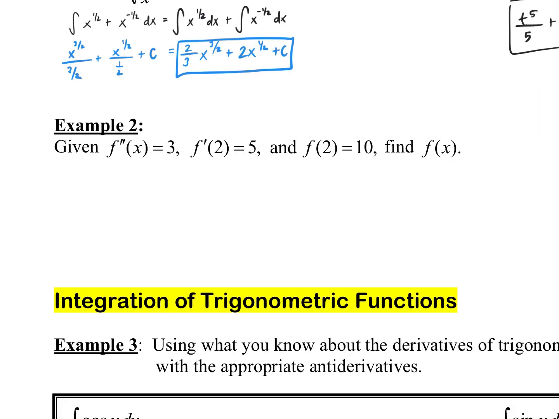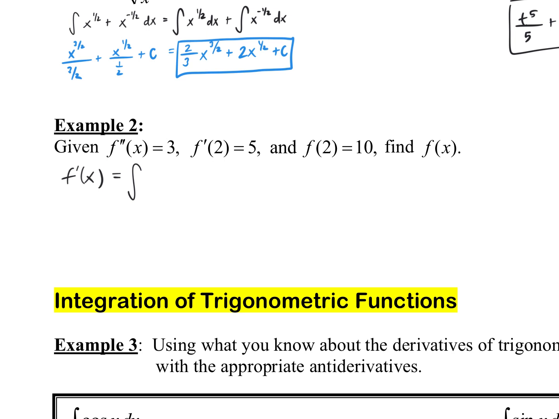Okay, so we're given a bunch of things. We're given the second derivative is 3, the first derivative at 2 is 5, and f of 2 is 10. We're going to find f of x. f prime of x is technically the integral of the second derivative.